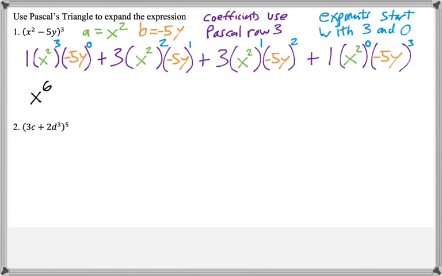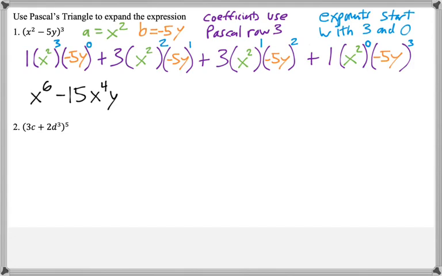We can just put x to the 6th. On the second term, we have 3 times negative 5 to the 1, and that's going to be negative 15. X squared squared is x to the 4th, and y to the 1 is y.